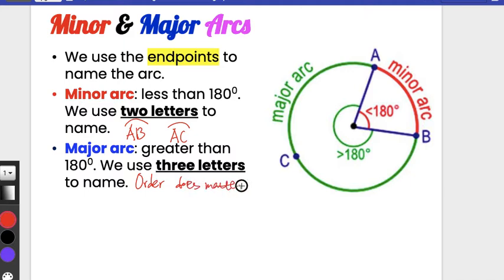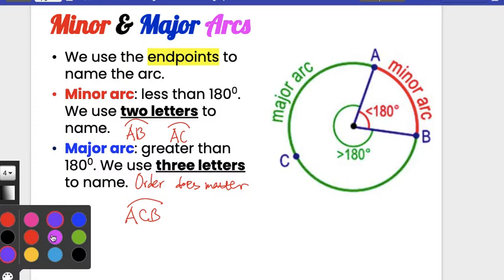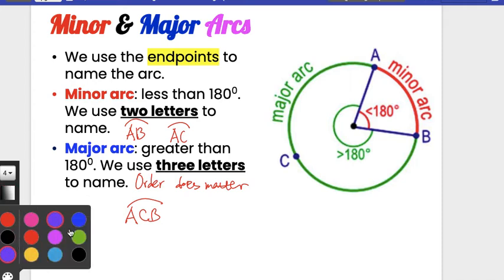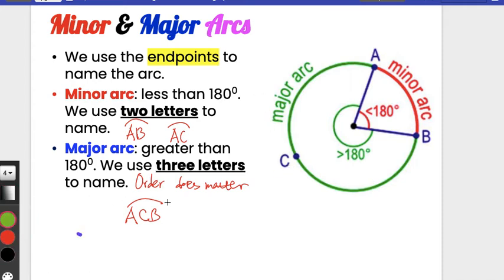For example, if I define this piece of the arc as arc ACB, then you have to go through this order. I'm going to change the color to make it easy to see. So for example, this green piece here. ACB, I'm going to follow the order, from A to C to B.